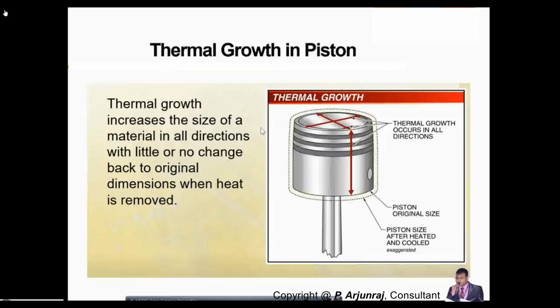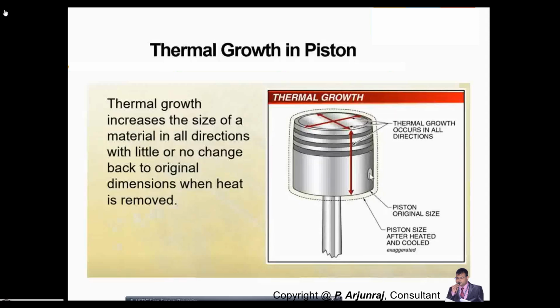Because of this, the temperature rise is not going to happen in one particular zone alone. It is going to get distributed across different zones: the top of the piston, the bottom of the piston, the side of the piston. Similarly, in the camshaft and also the crankshaft.